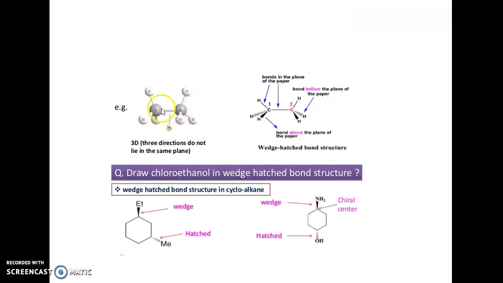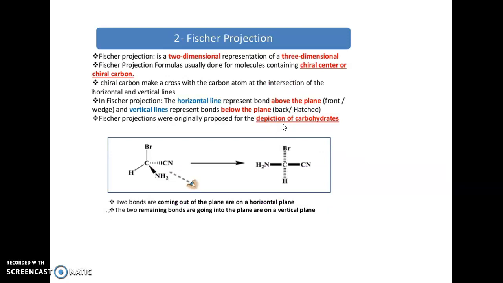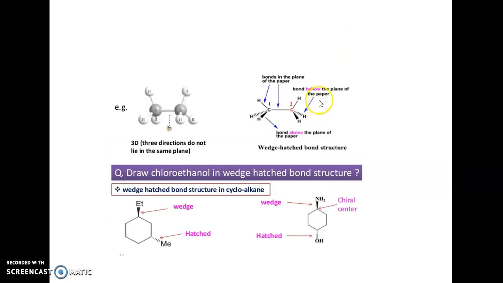This is the 3-dimensional view of ethane, where 2 carbons can be seen bonded with 3 hydrogens each. This is the 3-dimensional view, and this is the wedge-hatched bond structure for ethane. The solid lines show the bonds present in the same plane of the paper, the bond which is behind is shown by the hatched structure, and the bond present in front is shown by the wedge.